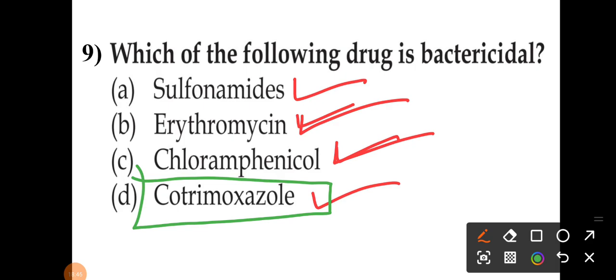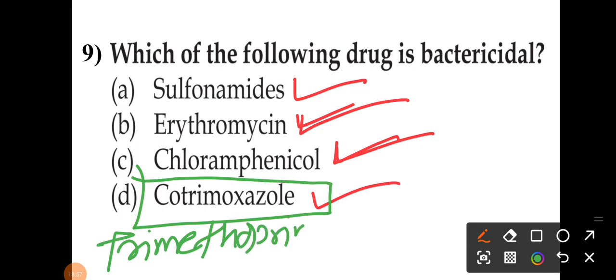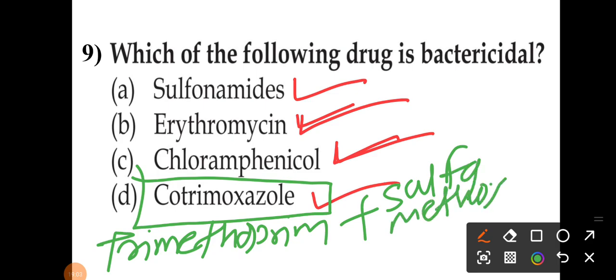So cotrimoxazole, that is the combination of your trimethoprim and your sulfonamide, sulfamethoxazole, right? And these individual drugs are static in nature.